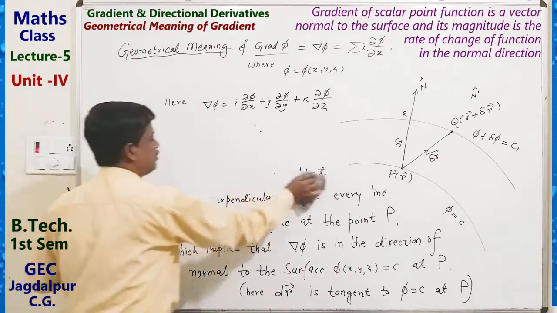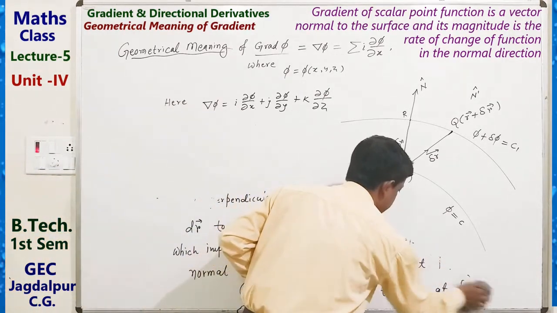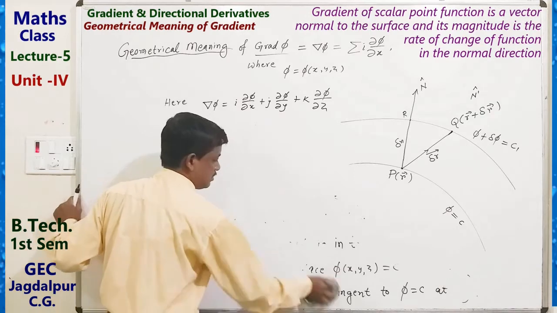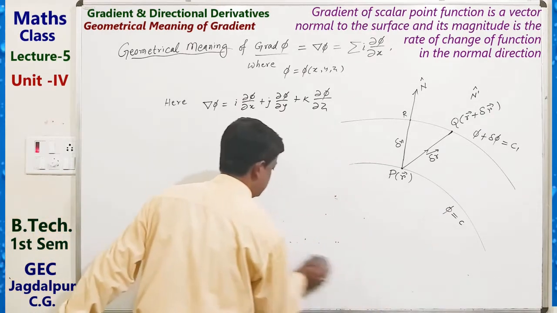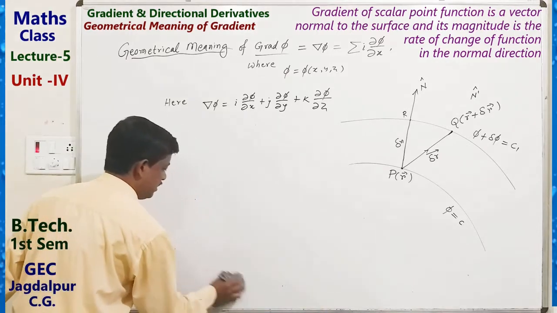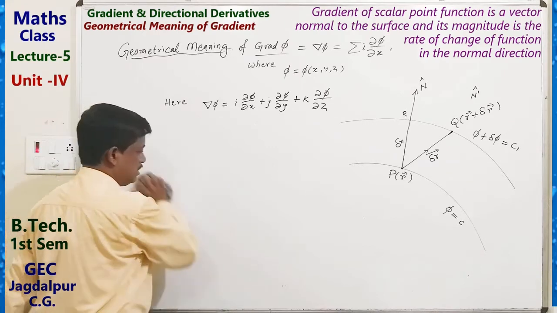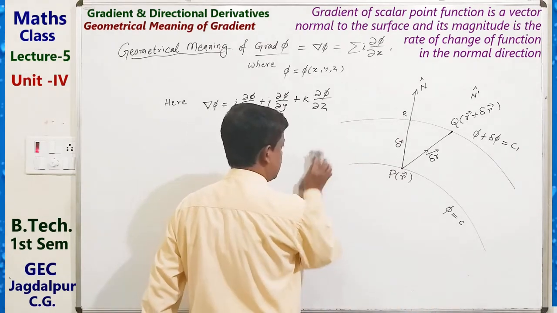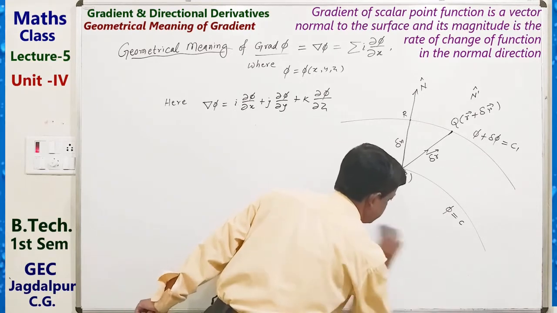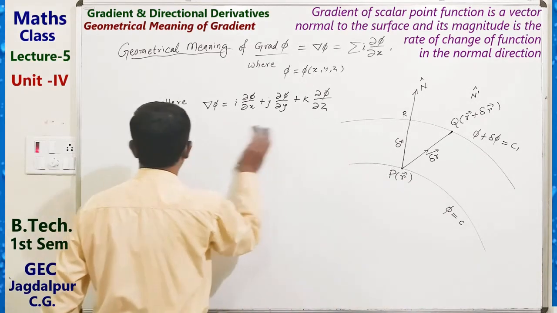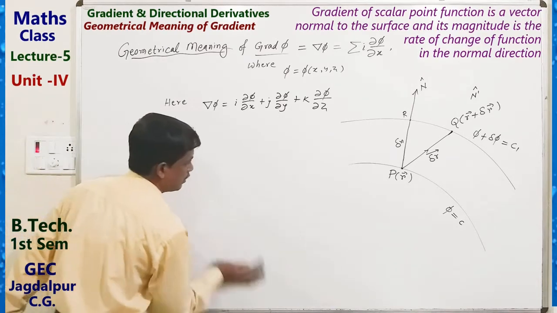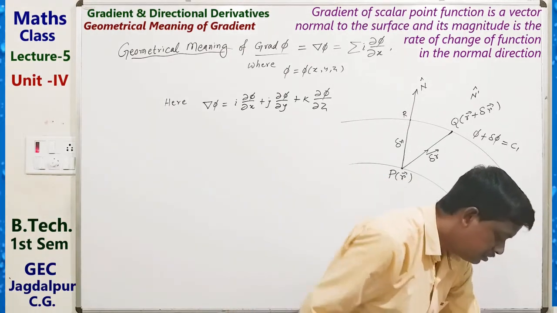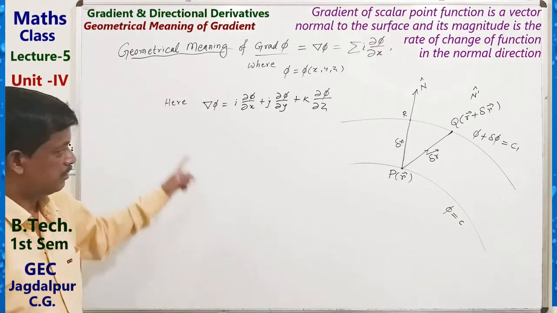The direction of gradient phi is along the normal to the surface at the point P. So we can write gradient phi is a vector whose direction is in the direction of normal to the surface.